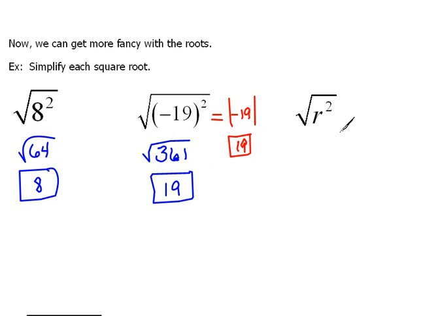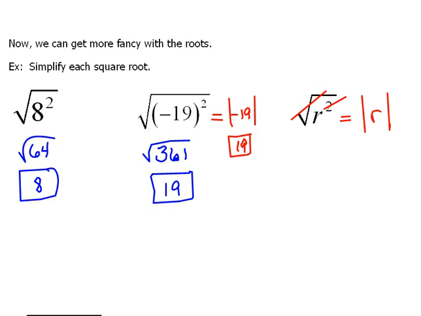So for instance, in this problem here, we have the square root of r squared. So yes, it's true that the square and the square root will undo each other, but we have to ensure that this variable will be positive, and the only way to ensure that is to take the absolute value. So technically our answer here must be the absolute value of r.